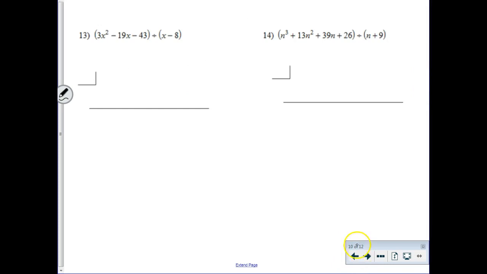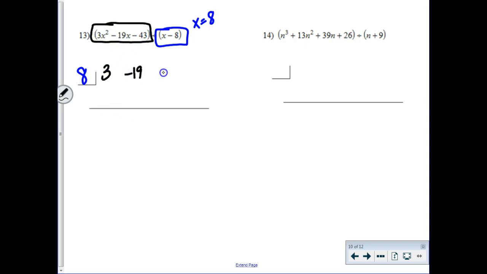All right, and then one more, I think number 13, and then we're done. So again, the solution to the divisor goes in the box, so that would be x equals 8. This time, you do not have any missing terms: quadratic, linear, constant. So 3, negative 19, and negative 43.